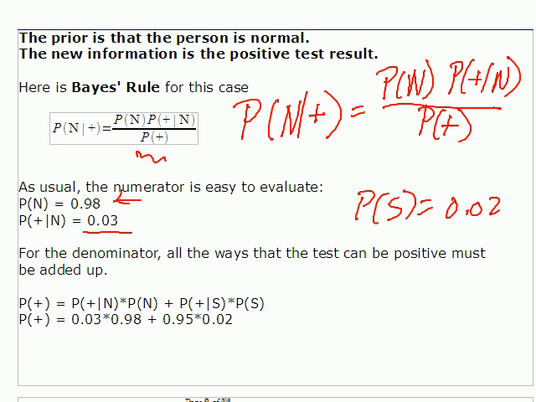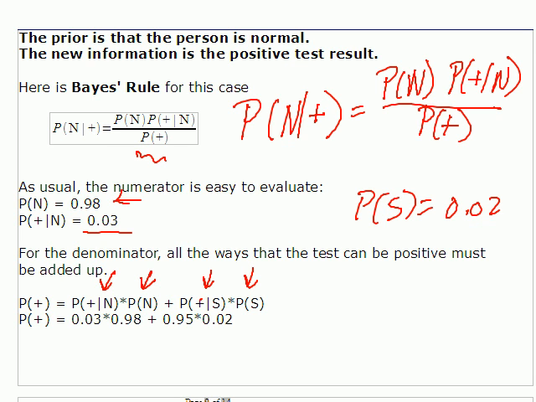Now for the denominator, we have to find all the ways the test can be positive. So that means we have to multiply the probability you would have gotten a positive test from a normal person times the probability of the person being normal, plus the probability that the test was positive given the person was schizophrenic times the probability the person was schizophrenic.